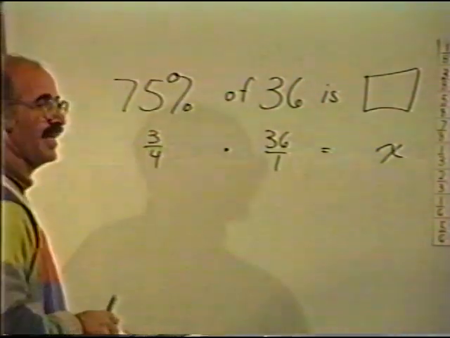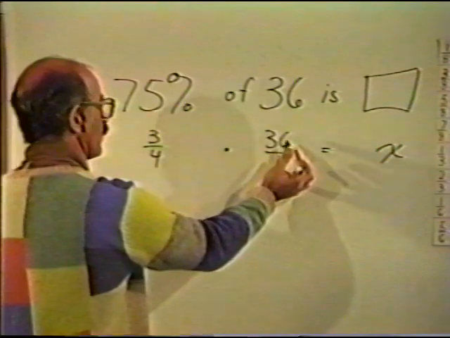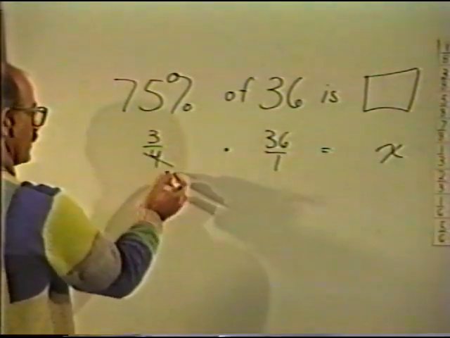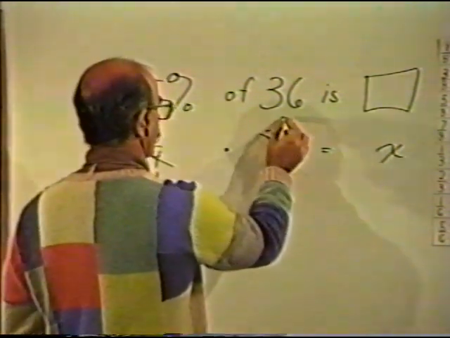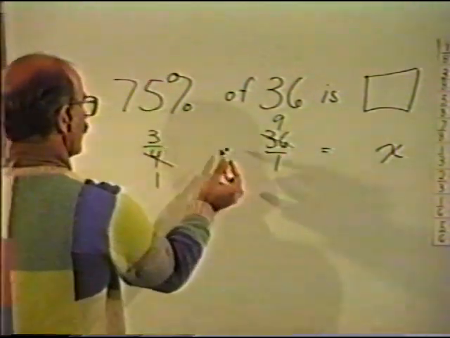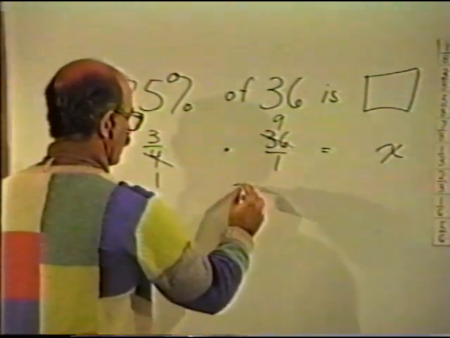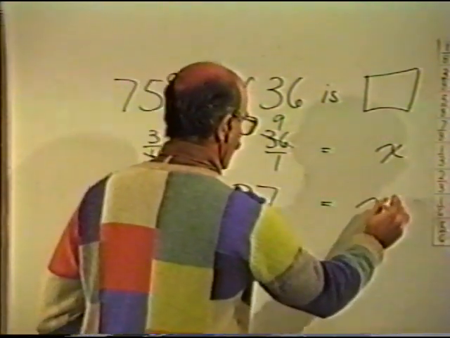Can we cancel? Yes. We can hit the 4 and the 36 with 4. 4 into 4 is 1. 4 into 36 is 9. 3 times 9 is 27. 27 equals x.